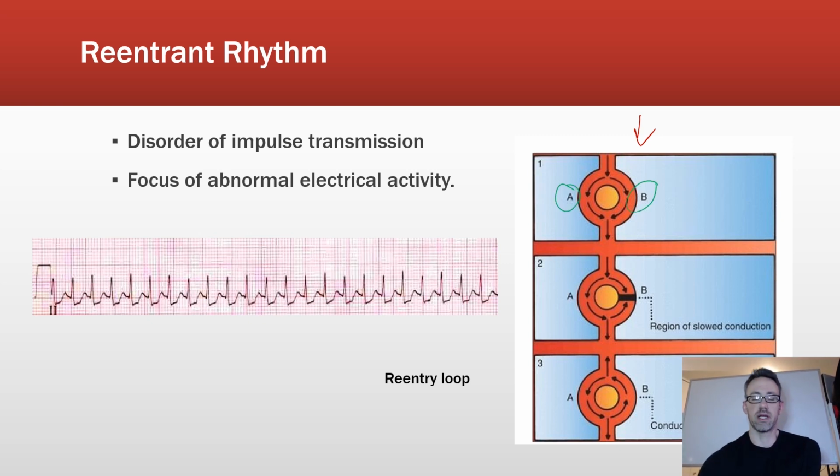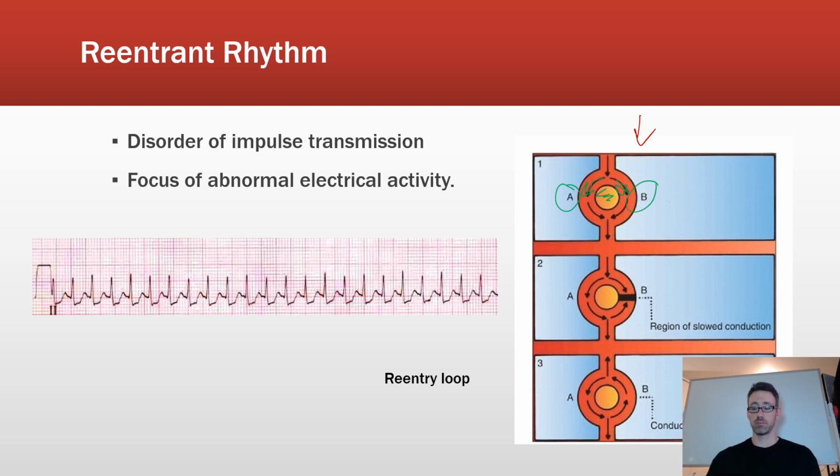And what the arrows are depicting are depolarization. You notice A is going towards the left over here, B is heading over towards the right, and they're conducting at essentially similar velocity. They're depolarizing all of the resting myocytes in front of them, all the myocytes that have been reset. So the depolarization wave is moving in one direction.